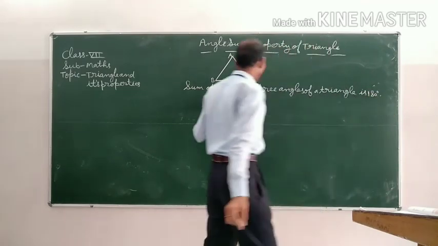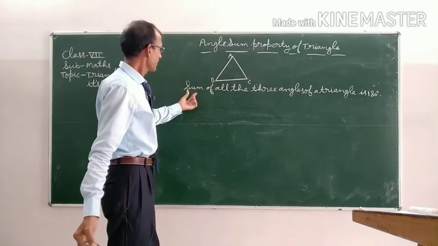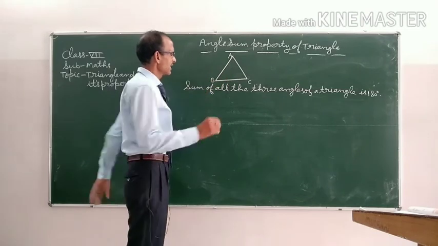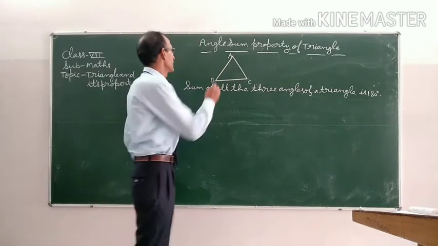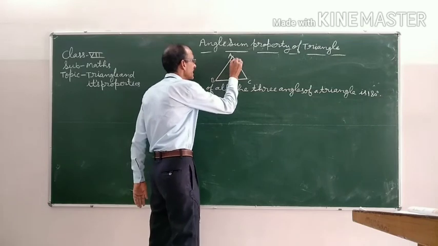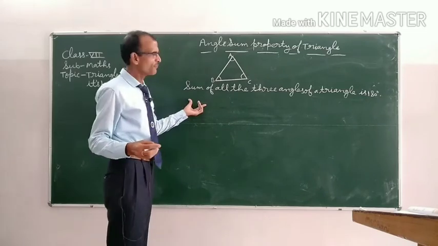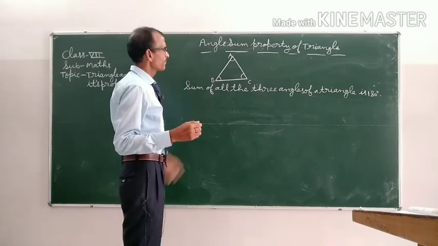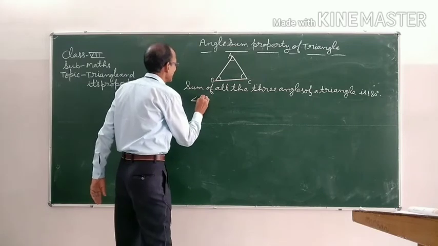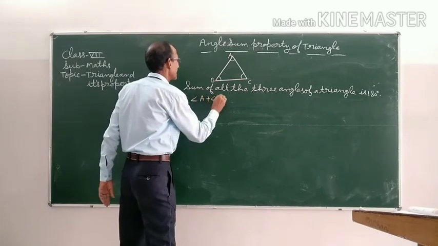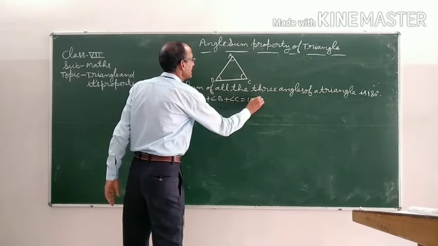Okay, this is the angle sum property of triangle. These are the 3 angles: angle A, angle B, angle C. So by the angle sum property of triangle, we can write angle A plus angle B plus angle C is equal to 180 degree.